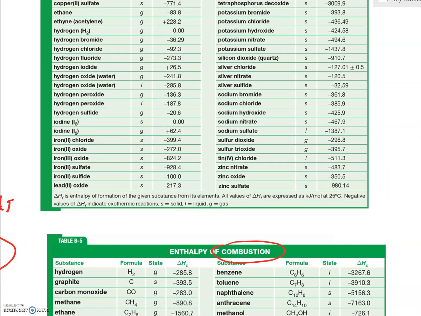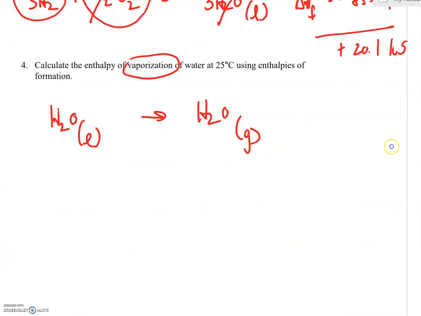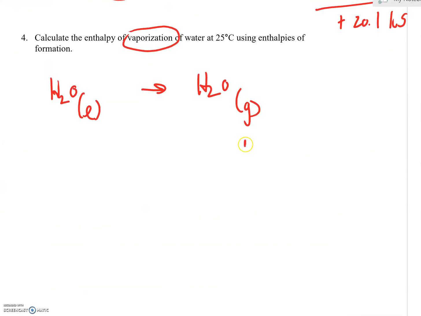Yeah, look. Heat of formation of water vapor, heat of formation of liquid water, negative 241.8, and negative 285.8. So here we go. Let's write a formation equation for both of these. You want to make liquid water? Well, you're going to need an H2 and 1/2 of an O2.